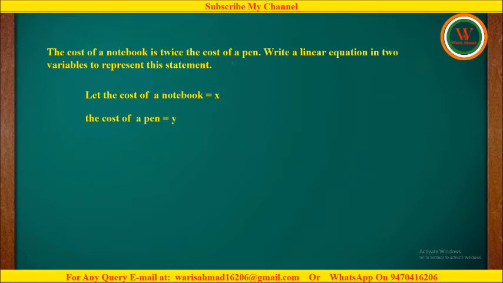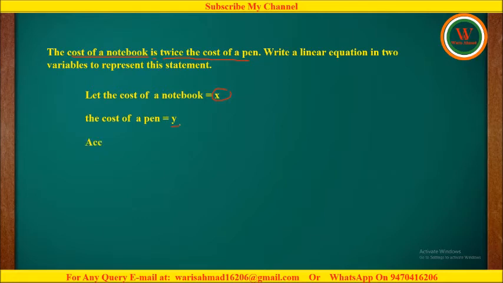But here in the question it is given that the cost of a notebook, that I have taken as x, is equal to twice the cost of a pen. The cost of one pen is rupees y, then twice the cost of a pen will be 2y.